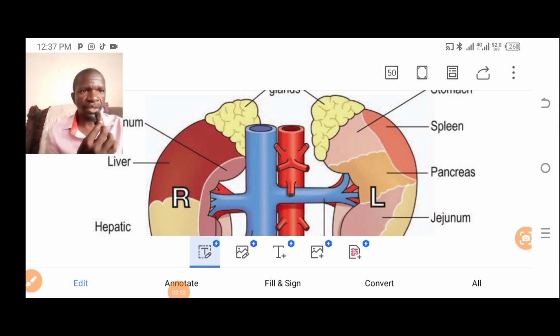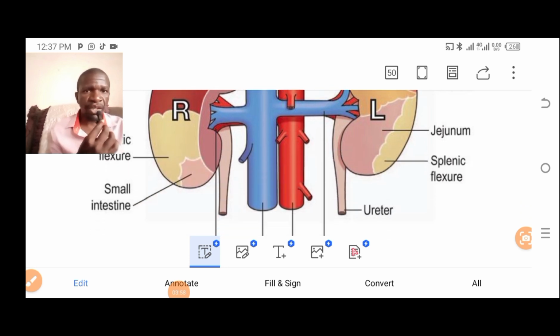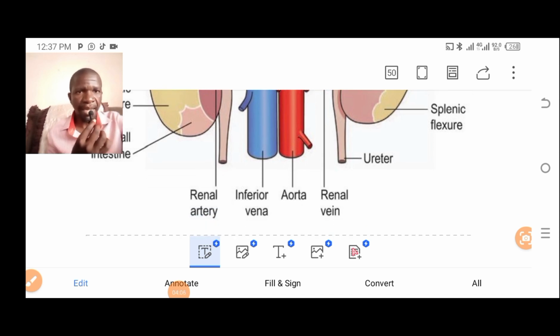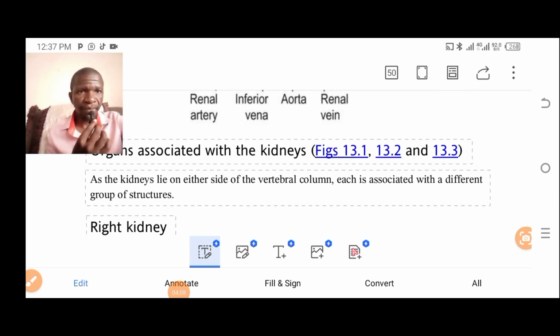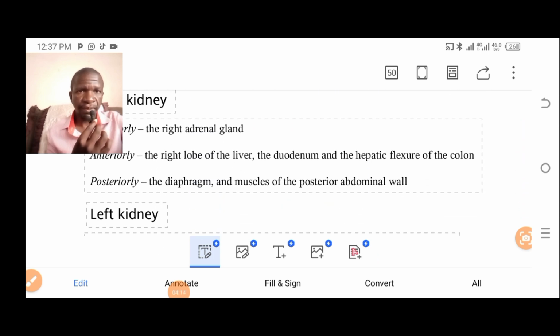On the other part, the spleen, the pancreas, the jejunum, the splenic flexure, the small intestine. Right? So from these kidneys emerge the ureters, which empty into the bladder. So these are the organs associated with the kidneys.